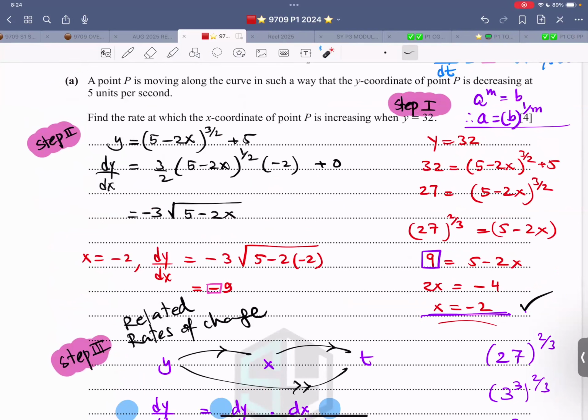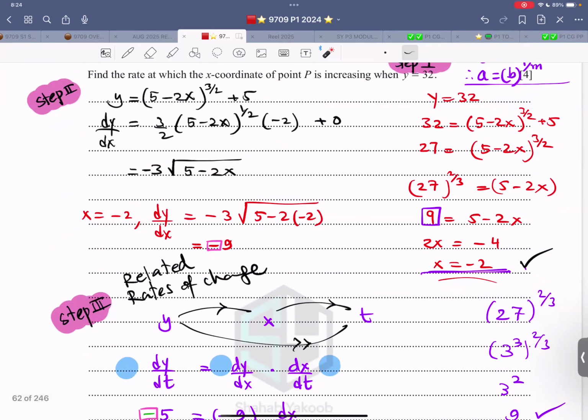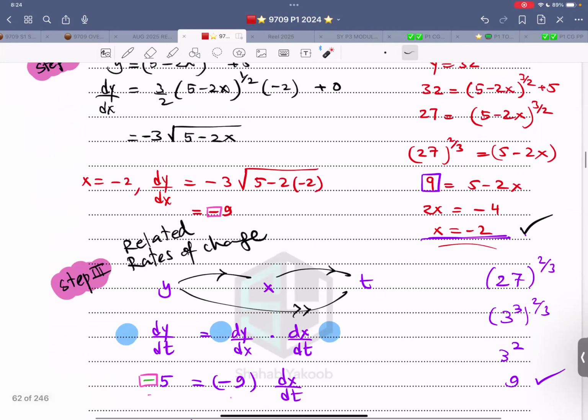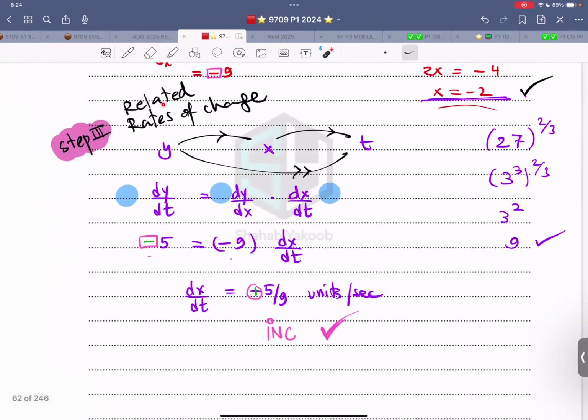So step 1 is there. Step 2, differentiate. Plug in the value of x equals negative 2. This thing goes over here. That is dy by dx. Step 3, related rates of change. y, x, and t. How are they related? dy by dt equals dy by dx times dx by dt. dy by dt is negative 5.